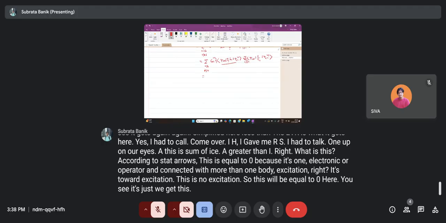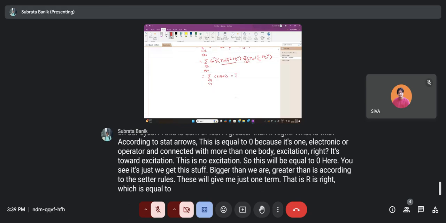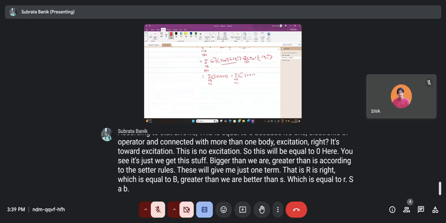Here you see, we get this term, A greater than B, R greater than S. According to Slater rules, this will give me just one term, which is equal to A greater than B, R greater than S, which is equal to RS AB minus RS.